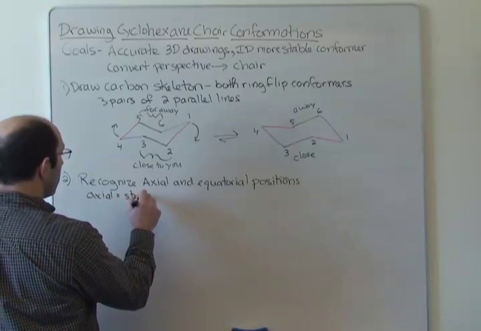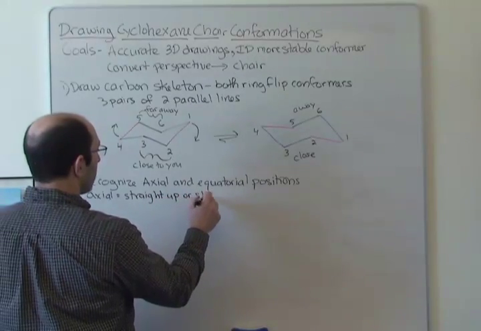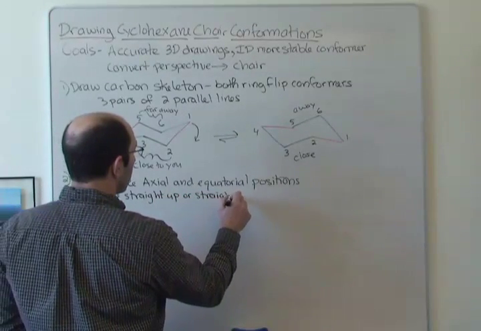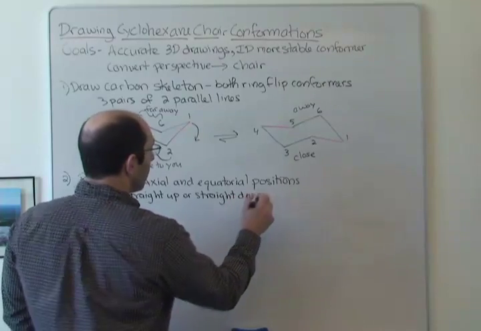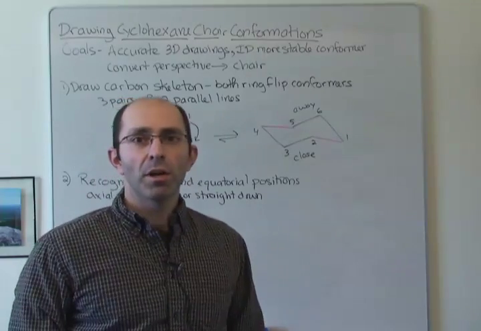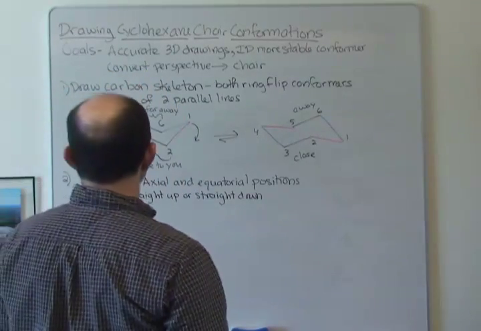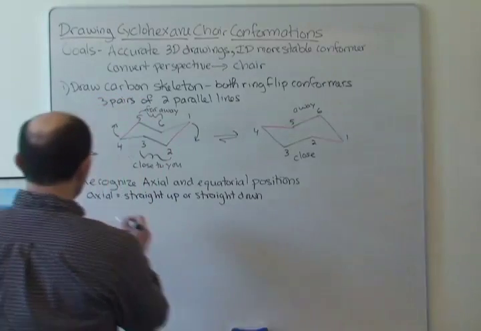They're either straight up or straight down. When a vertex comes together that points up, the axial goes up. When a vertex comes together that points down, the axial goes down. So those are usually pretty easy to spot.